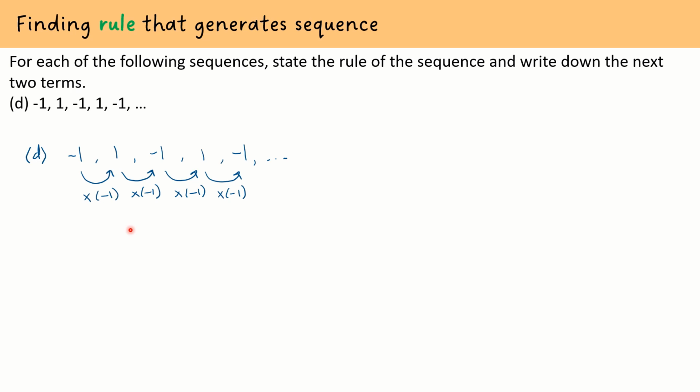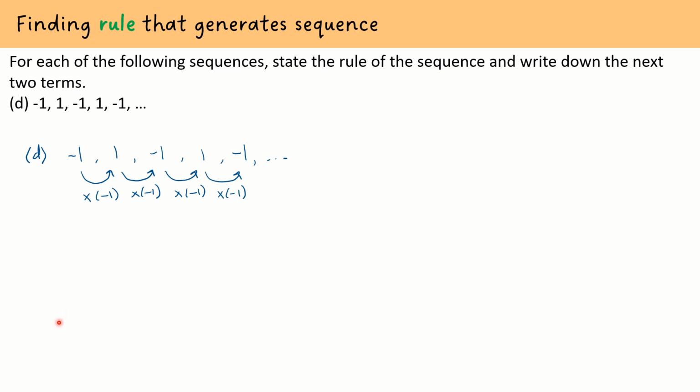However, if you were thinking that it is a division of -1, it does work as well, because we do know that -1 divided by -1 does give us a 1. In this particular case, choosing either multiplication or division doesn't quite matter. So I've already chosen to do multiplication.